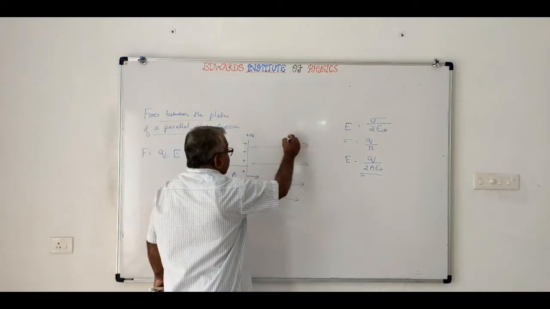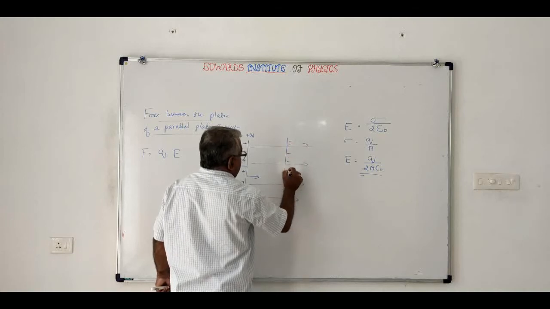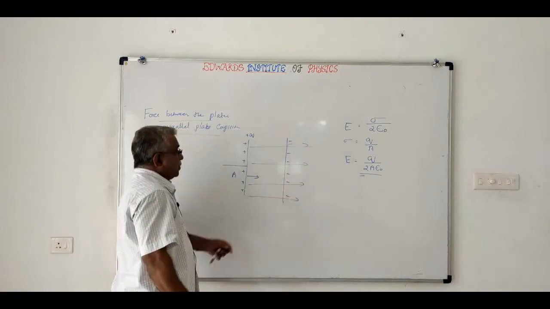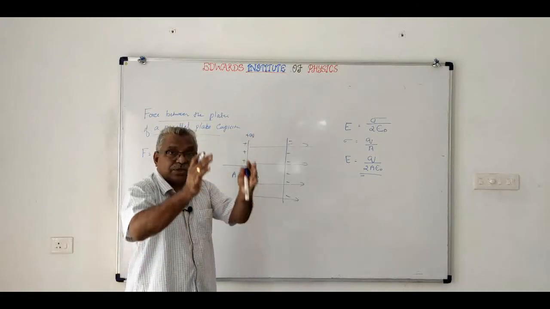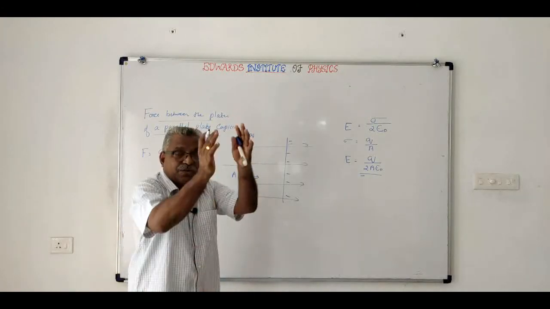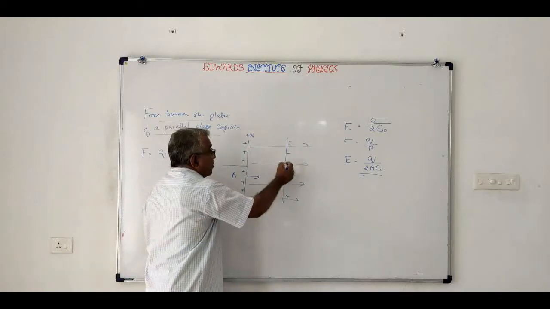Now you imagine the negative plate. This negative plate itself is a charge. Assume that it is a single, uniformly distributed charge. What is its charge?